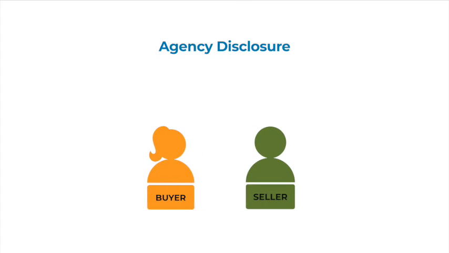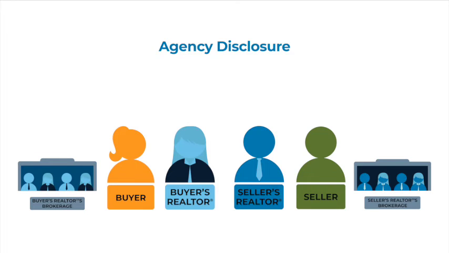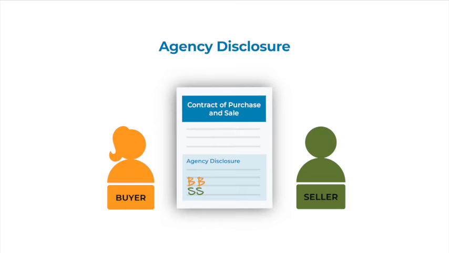Agency disclosure. In this section, both the buyer and the seller's designated realtors and the respective brokerages, if any, are specified. The buyer and the seller initial the appropriate boxes to acknowledge receipt of the appropriate agency disclosure forms. Sometimes one of the parties is represented and the other is not represented.